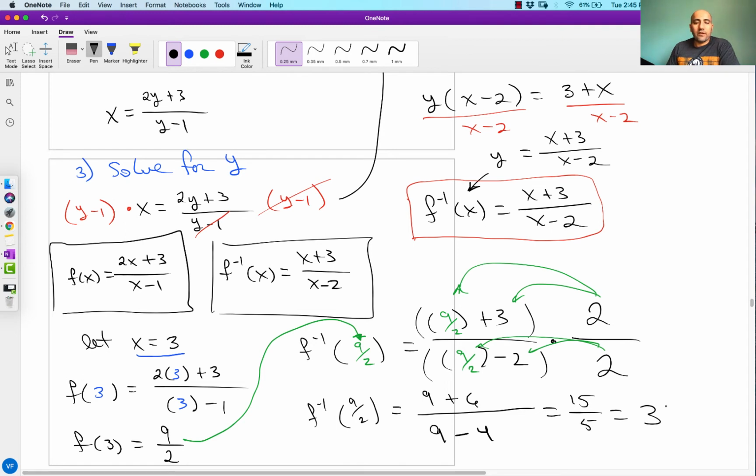Right back where we started. That doesn't mathematically prove that this works, but at least it gives us some confidence that it worked for one randomly selected value, x equals 3.